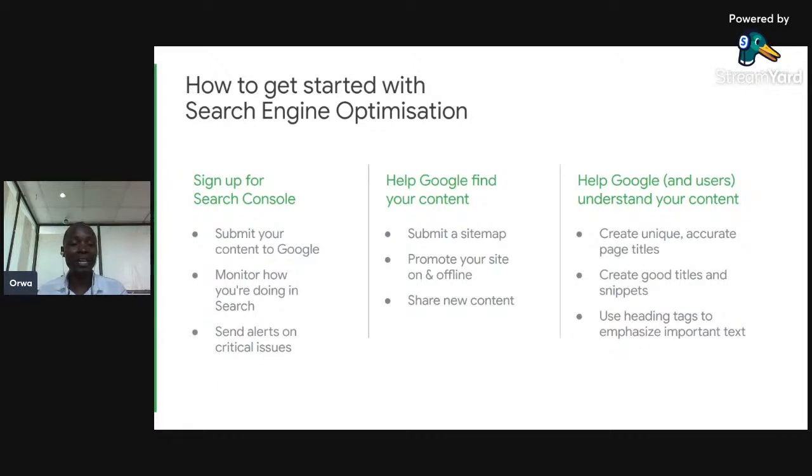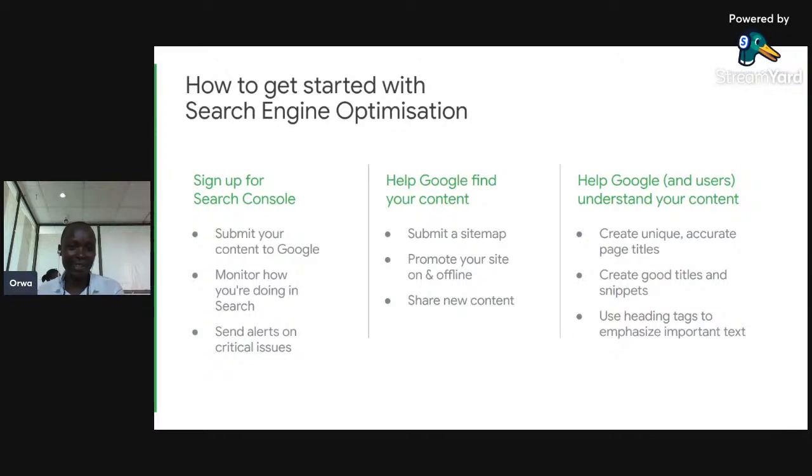And then you can create an alert to your email for when critical things happen on your website, like errors appearing. You will get a notification sent to your email, and you go and fix the errors, and then the website becomes great, and you appear everywhere when people are searching for you.